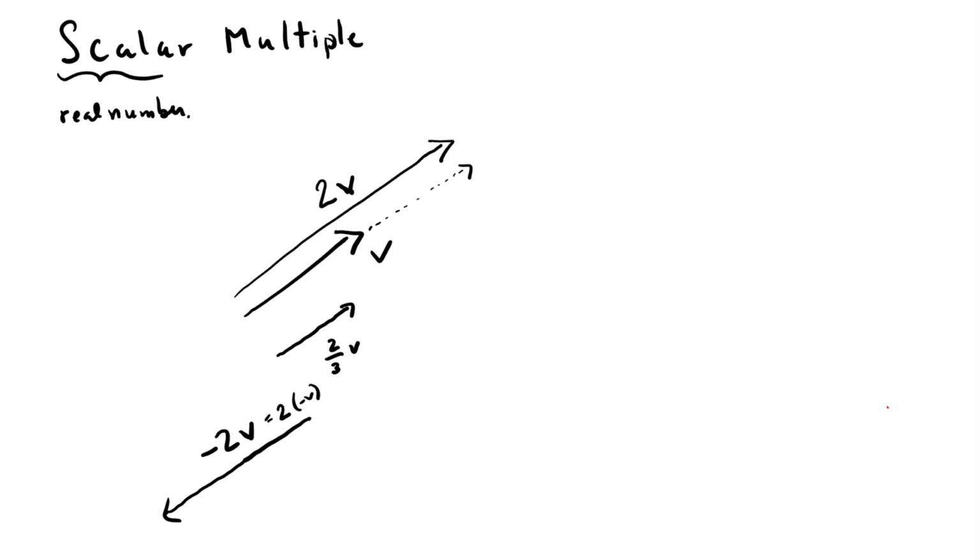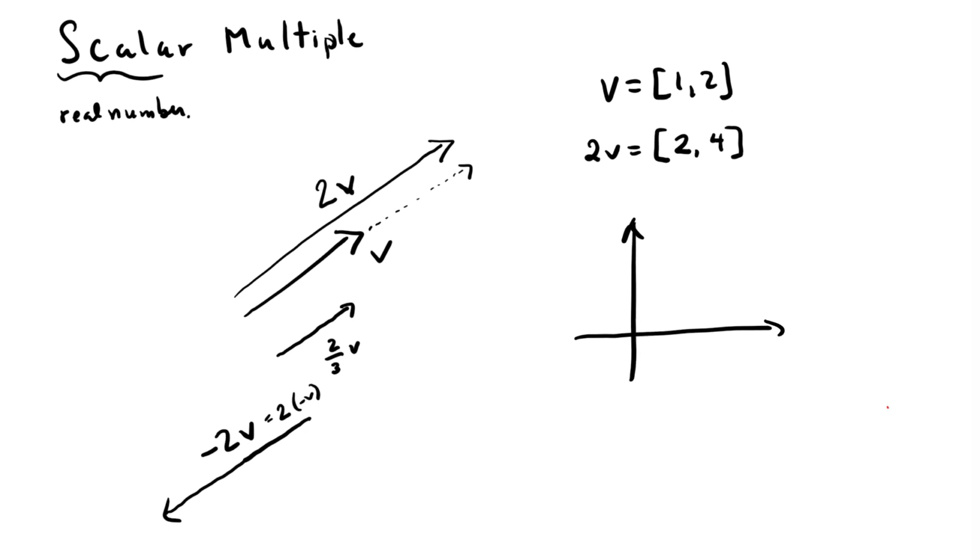All right, so how do we do this algebraically? It's very simple too. If we've got v which has coordinates 1, 2, and I'm going to create a vector that's twice as long, all I need to do is double the coordinates. That's not hard to see geometrically.